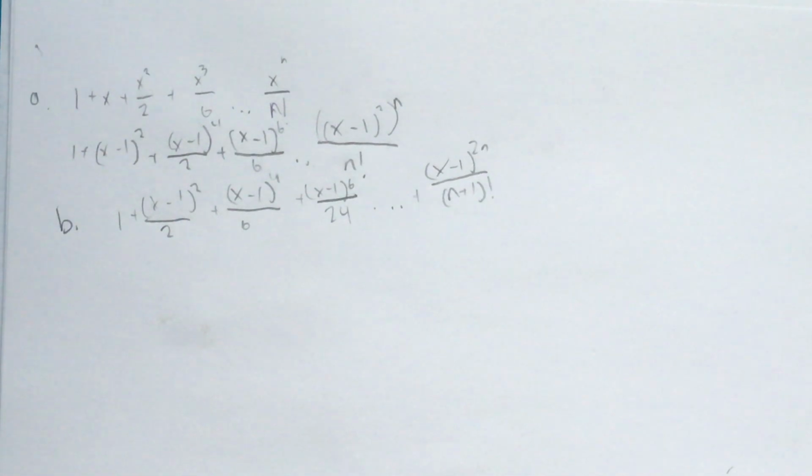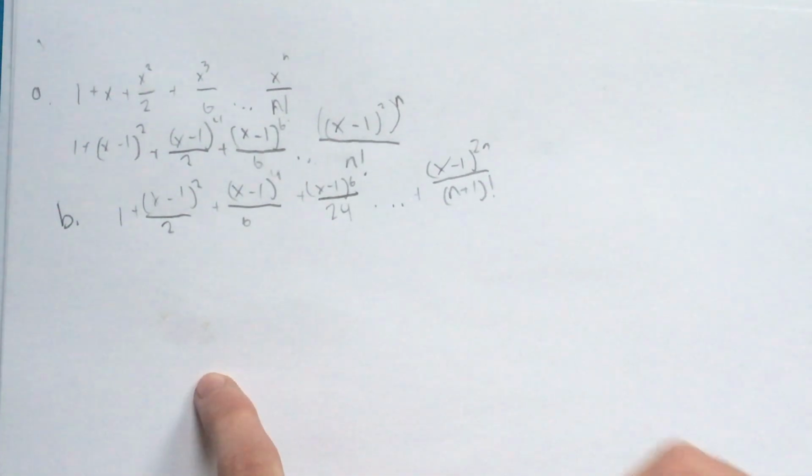For C, it says use the ratio test to find the interval of convergence for the Taylor series found in part B. For that, it's really simple, ratio test.